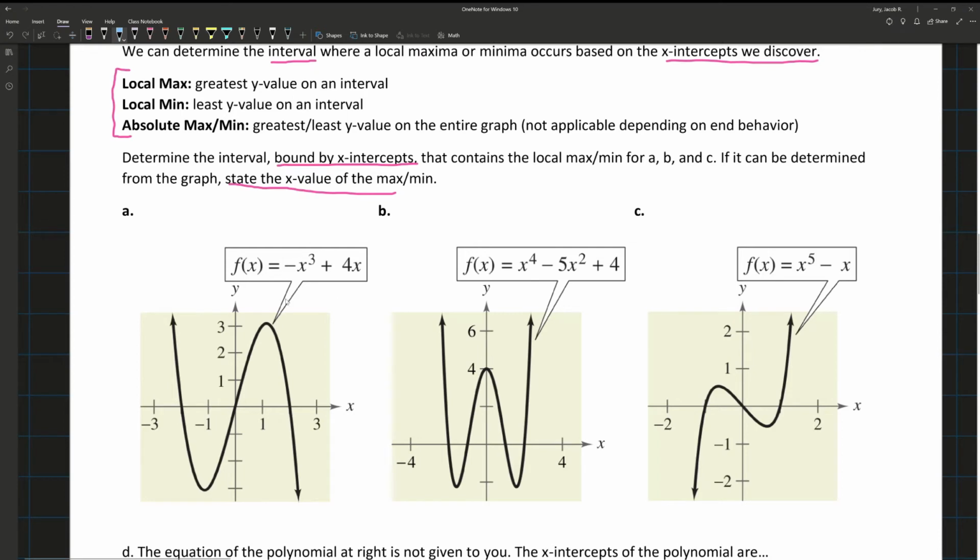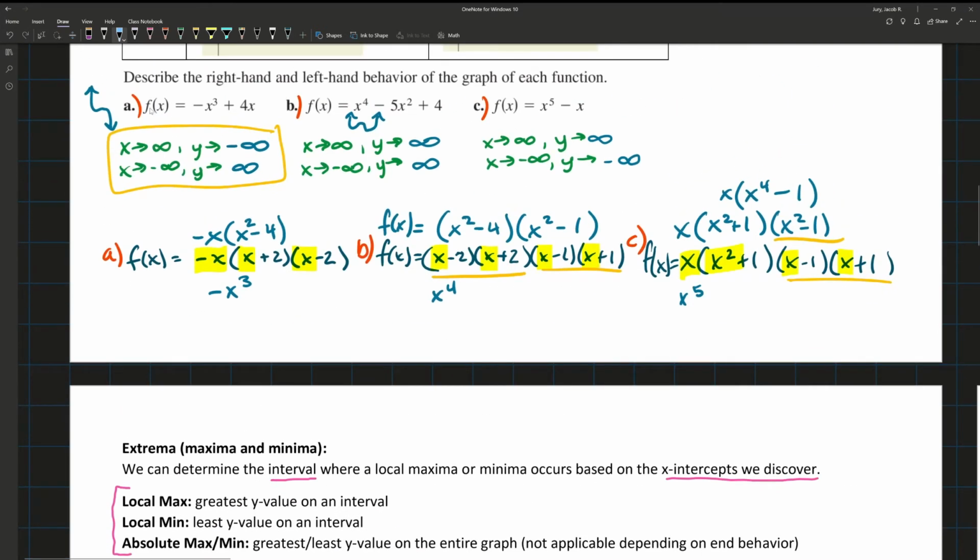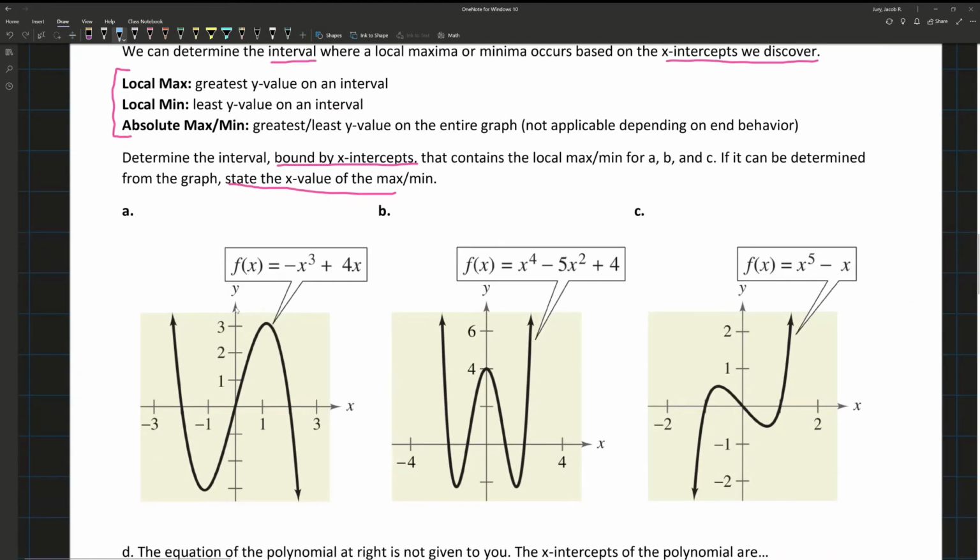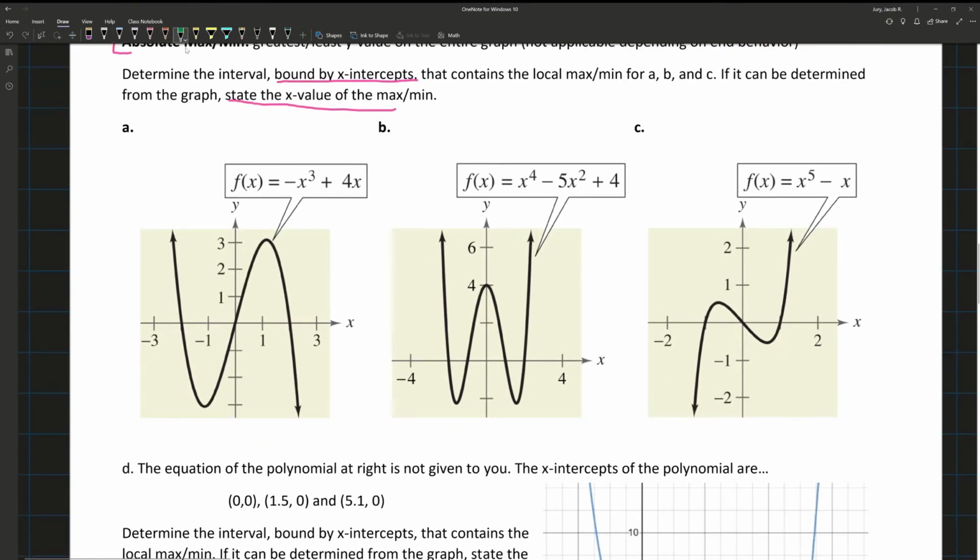On a, this is the same function we looked at before on this a next to the end behavior section. The local maximum y value can be found on the interval 0 to 2.